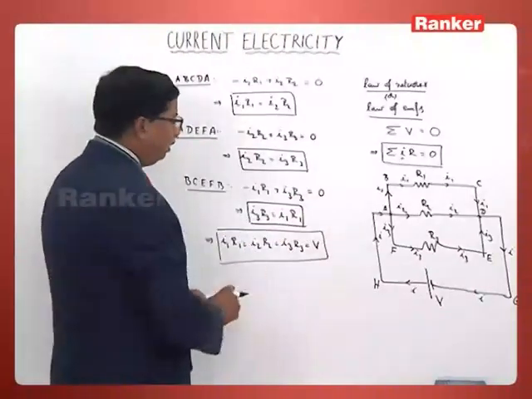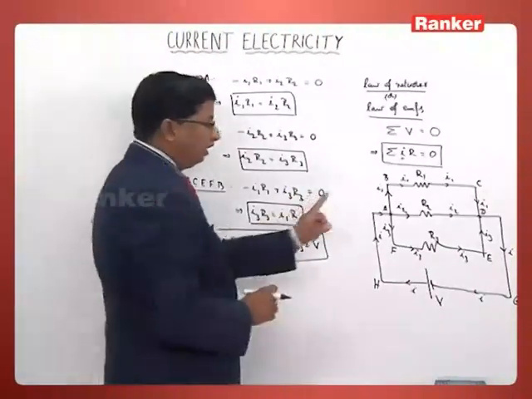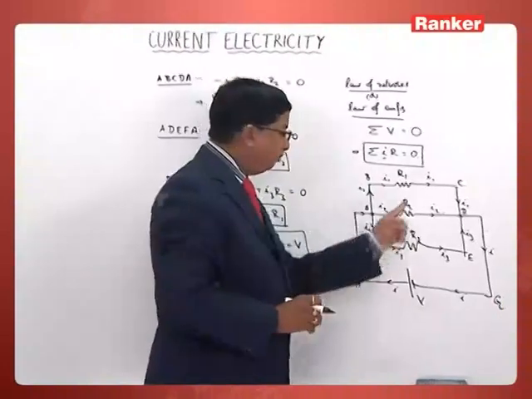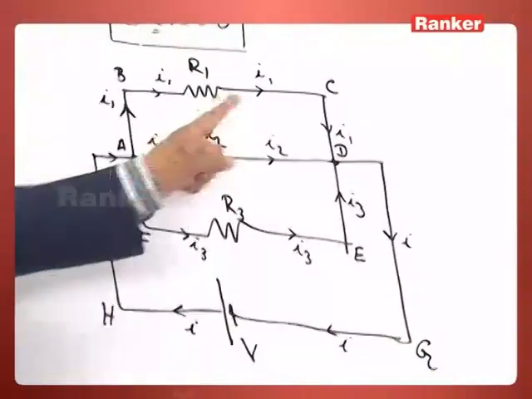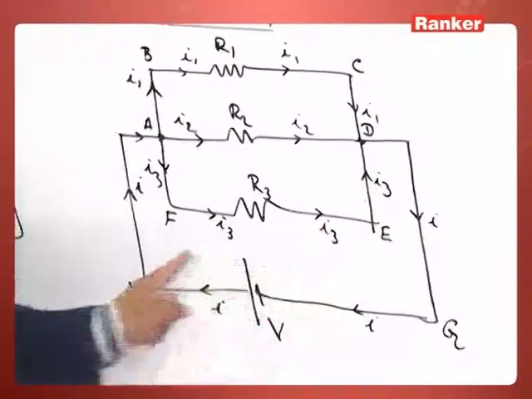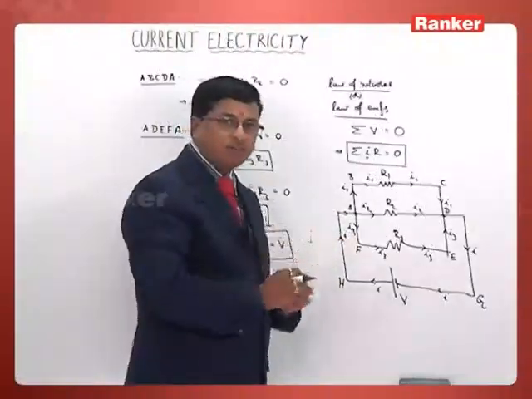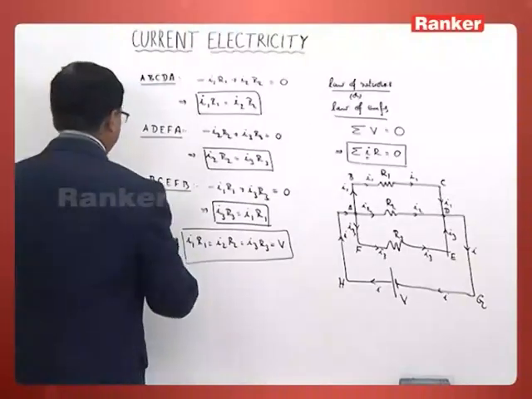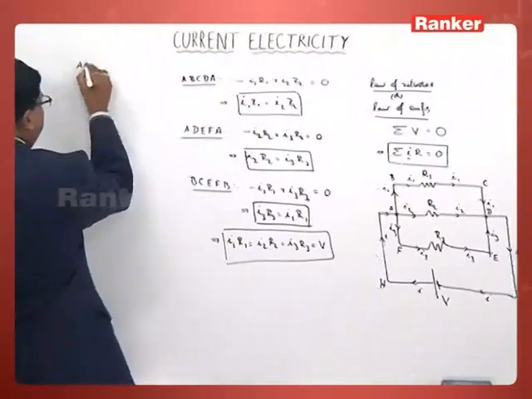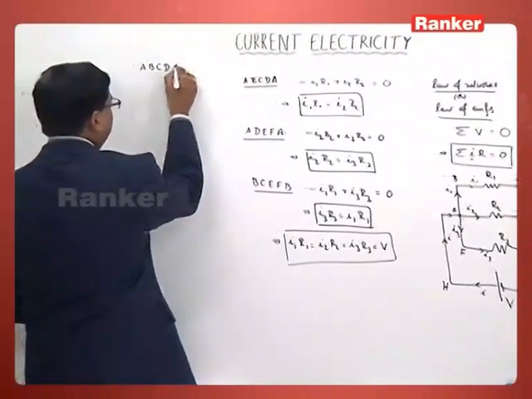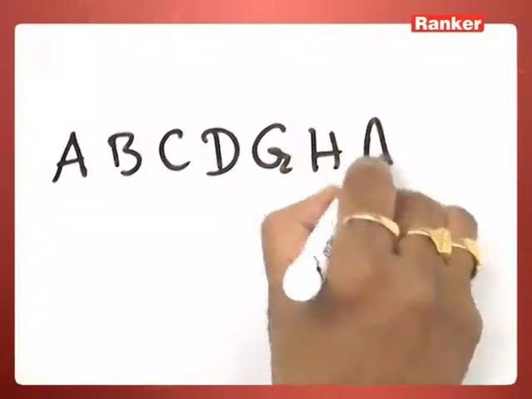Exactly in the same manner, let us just analyze at least one network from the external circuit. Now AB, CD, GHA, let us analyze that network now. I am taking up AB, CD, GHA.